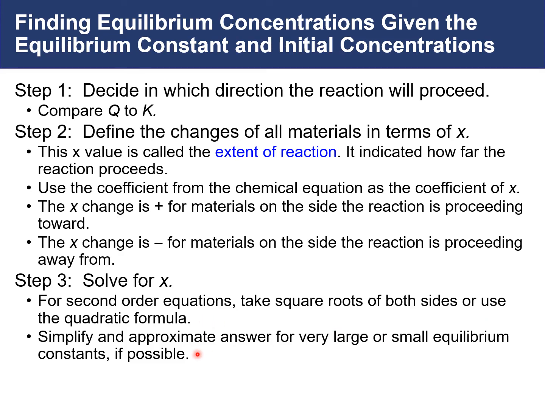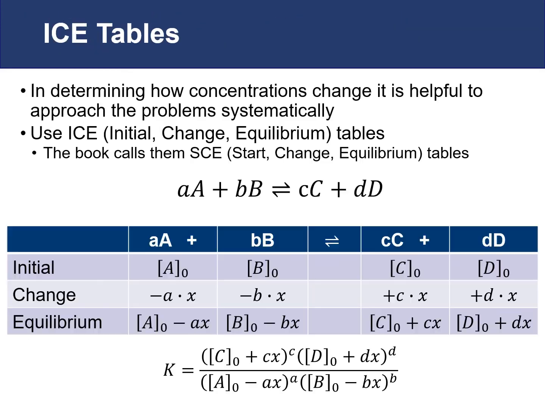In most other situations, particularly if you have a third or fourth order polynomial, you will need to either use an approximation method in which we assume that the change in X is insignificant compared to the values that we already have, thus simplifying the equation. We will look at examples using both the quadratic formula and this approximation method. So that's one method, or you would have to solve it using computational methods with computers.